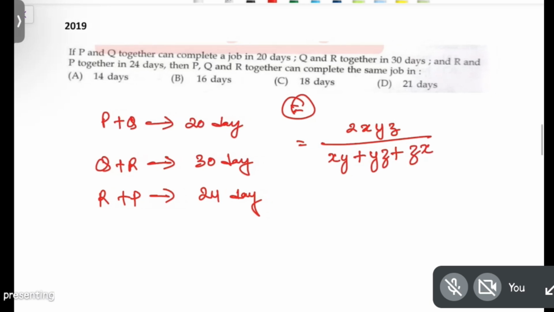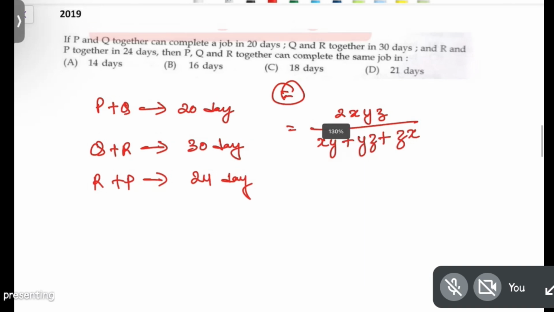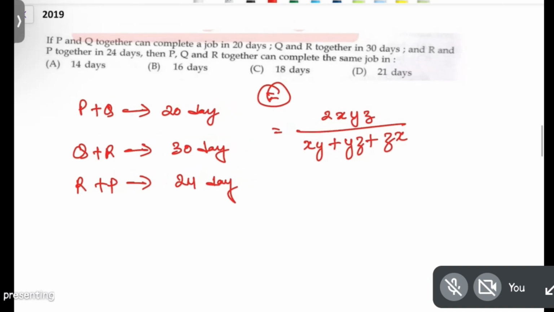So this formula is applicable only when two people in a group are given, which means PQ is given together and another two. That means 3 groups of people are given. Then in that case we use this formula. So by formula approach, the disadvantage for this one is that you will have a lengthy calculation.